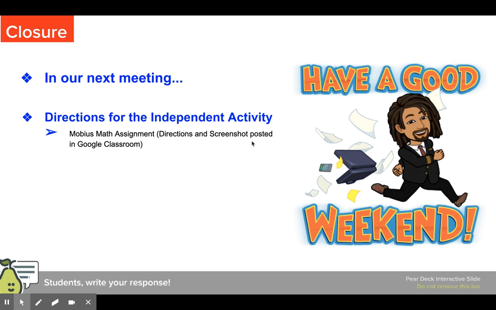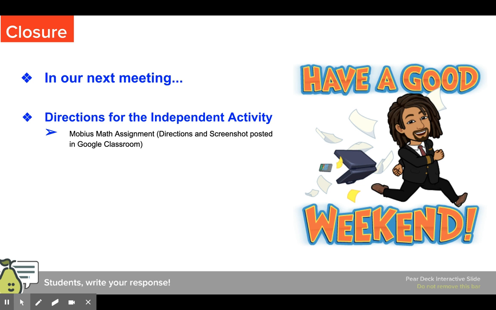Tonight's independent activity is going to be on Mobius Math. Now, Mobius Math is also in your Clever accounts. However, I know we've been having a lot of different technology issues. I understand. So, for some reason, if Mobius Math does not appear in your account via Clever, what I'm going to do is post the directions on how to get into the assignment via Clever.